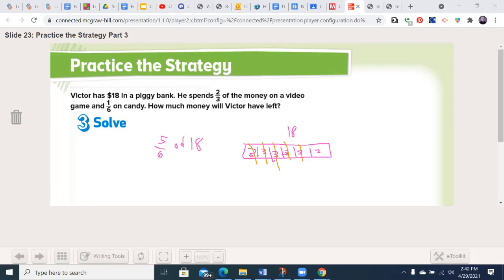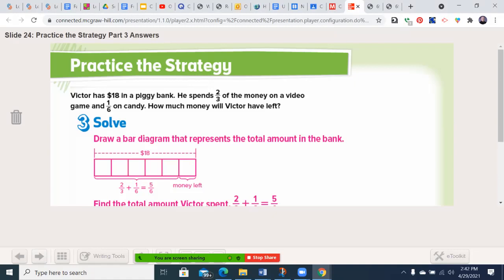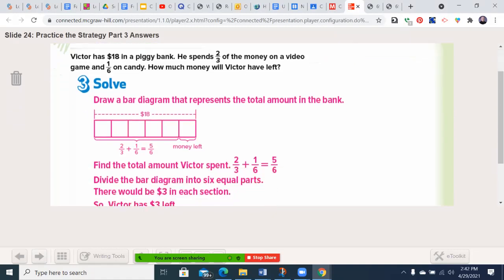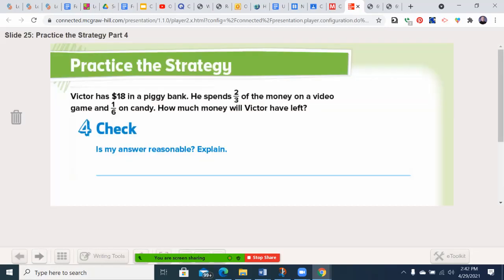And I'll clear the drawing first. Is your answer reasonable? Yep, 1/6 times 18 is 3.